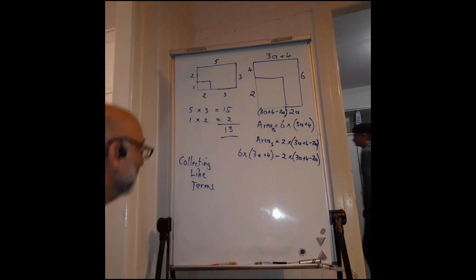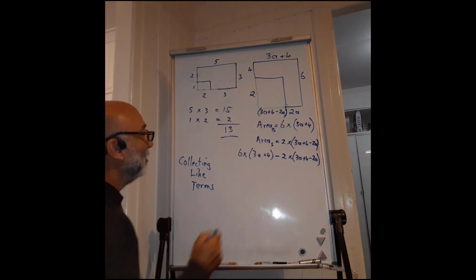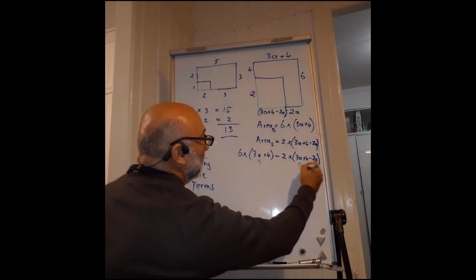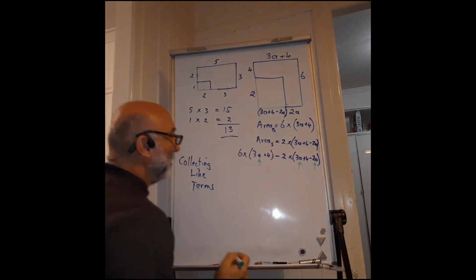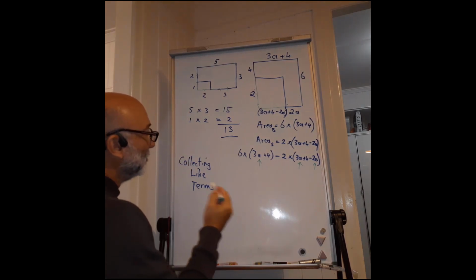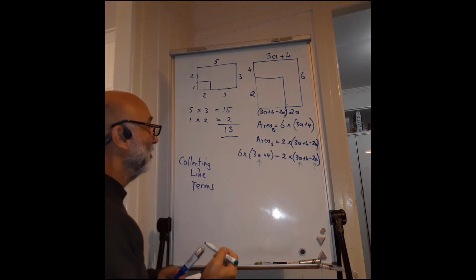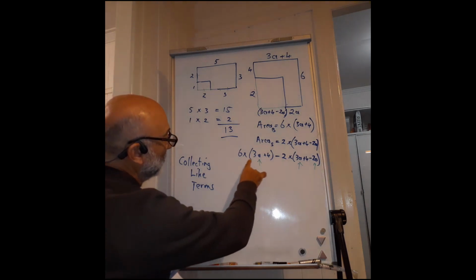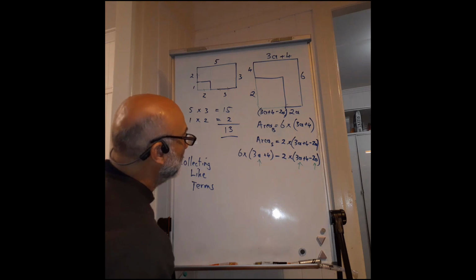So we're going to collect like terms, and our like terms are the a's here, here, and here. And in a way, the other terms that don't have a, they're also like. Okay, so what we're going to do is multiply all these things out.